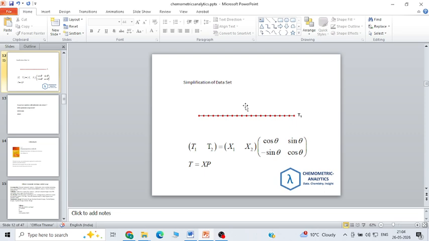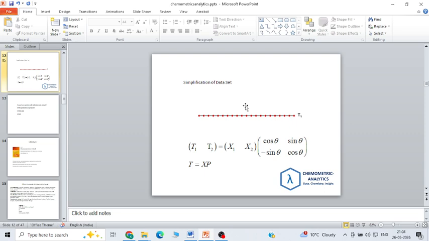They do a similar rotation of the original axes and reduce the dependency on some of the original axes. So this is what we went through right now.